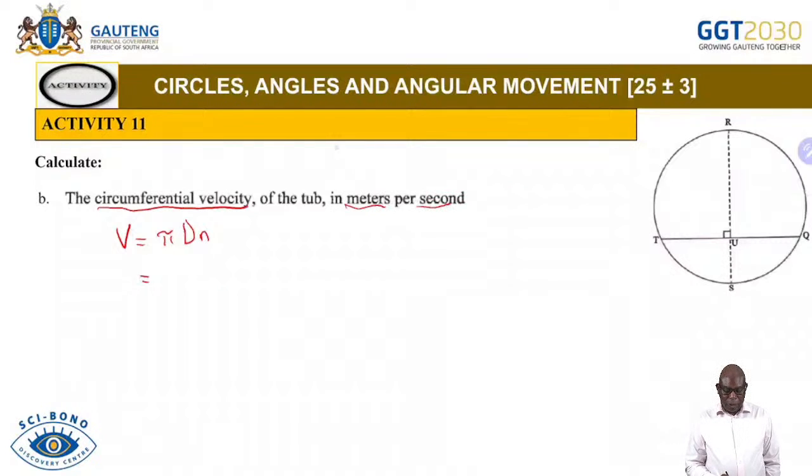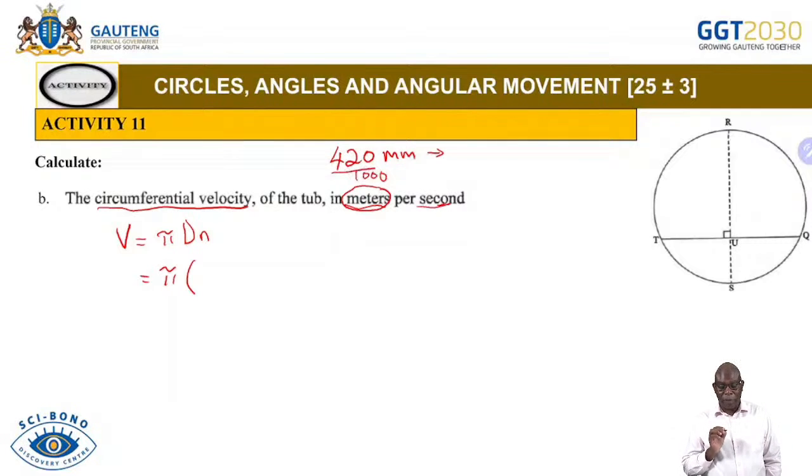Can you see that 420 was given as millimeters, but here they wanted meters per second? So my revolutions will be 30 also, because everything must be in seconds. Pi will remain. For my diameter, to take this to meters, I must divide this by 1,000. You must know your conversions, very important.